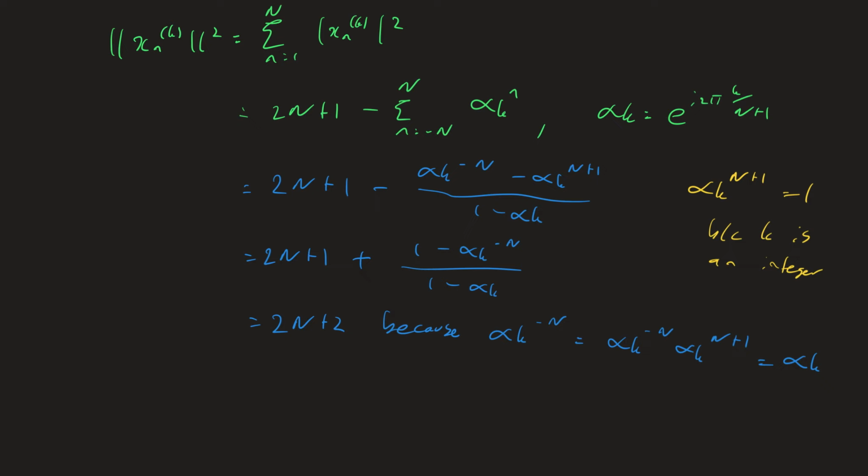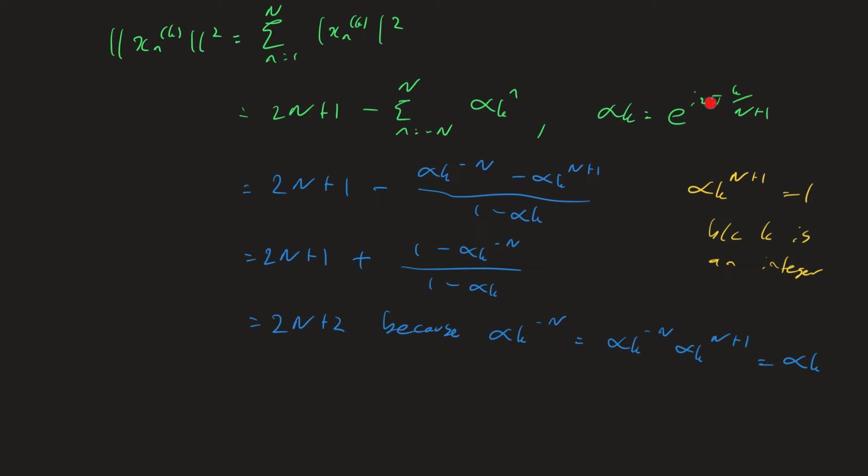The reason is that k will be an integer. In fact, k is either 1, 2, 3, 4 up to big N. And e to the I 2 pi k on big N plus 1, if we raise that to the power of big N plus 1, we get e to the I 2 pi k. And if k is an integer, then e to the I 2 pi k is just the value 1.